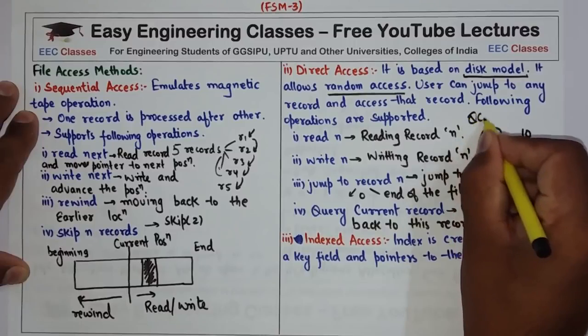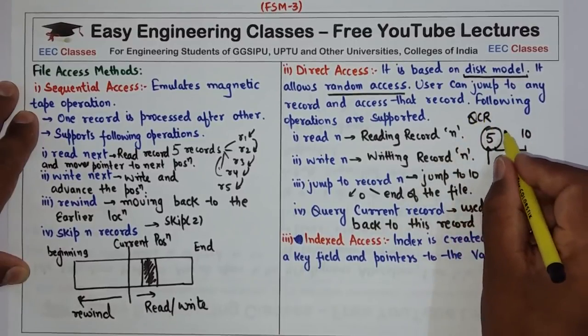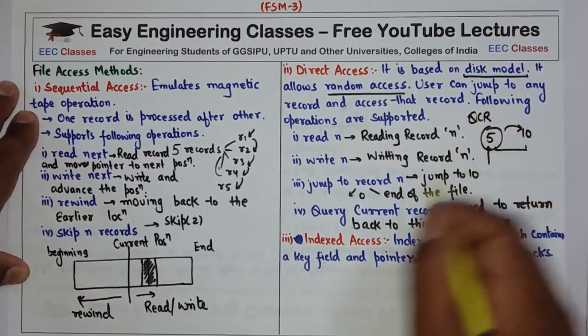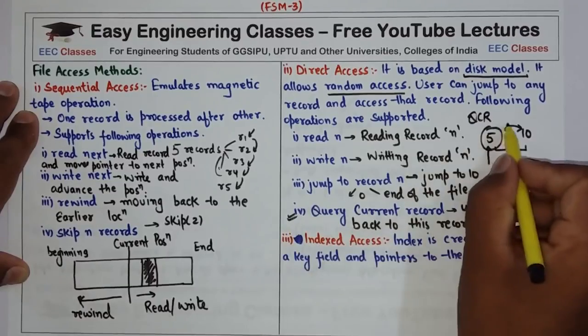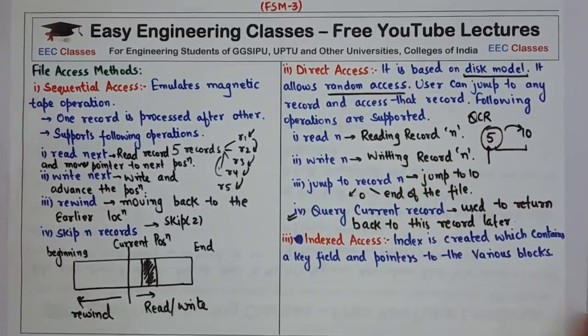So I am saying QCR, and then it moves to record number 10. Then the user can use this particular operation to come back to this particular record number 5. So this is your direct access method, which is based on the disk model.